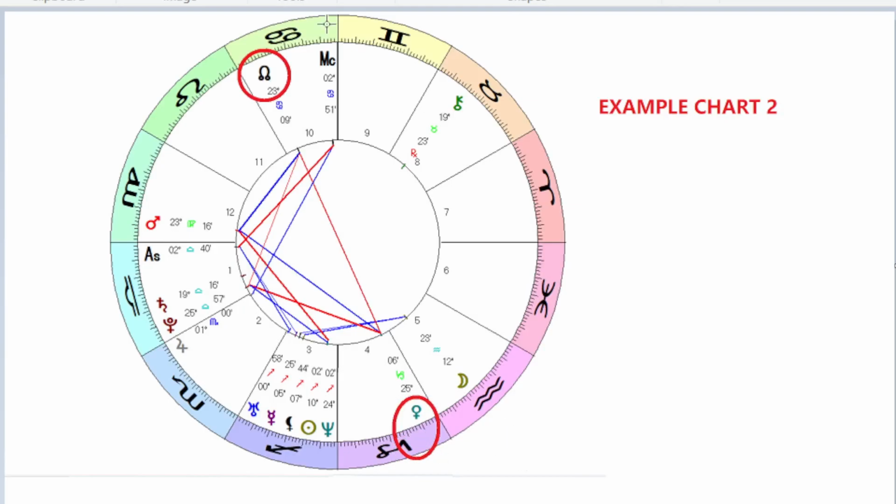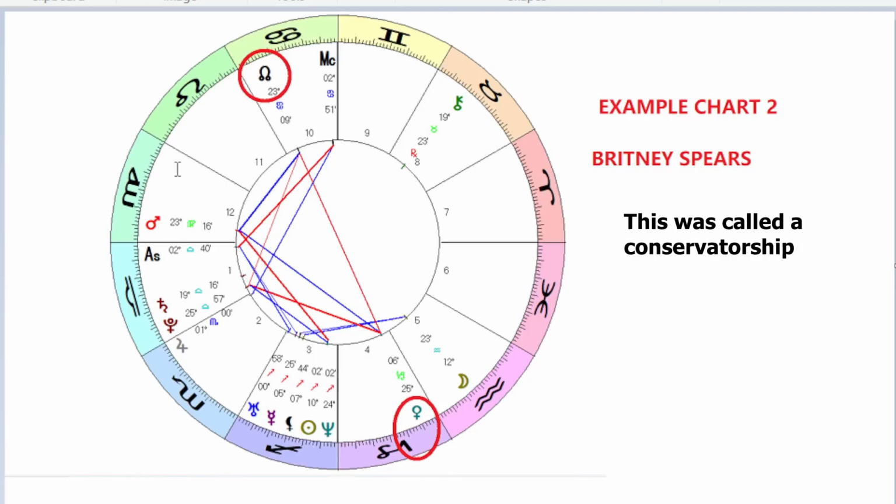This is actually the chart of Britney Spears. Okay, if you guys aren't familiar with Britney Spears' story, she was essentially enslaved and exploited by her own father as the celebrity that she has been in pop culture, for her music, for her beauty.